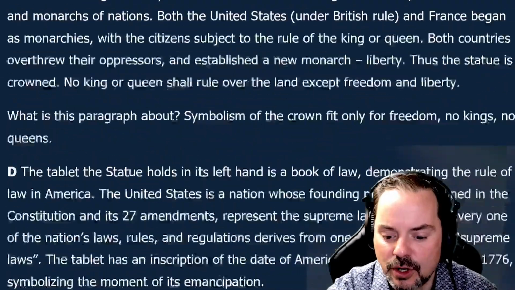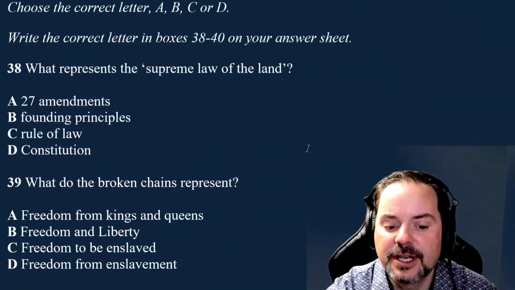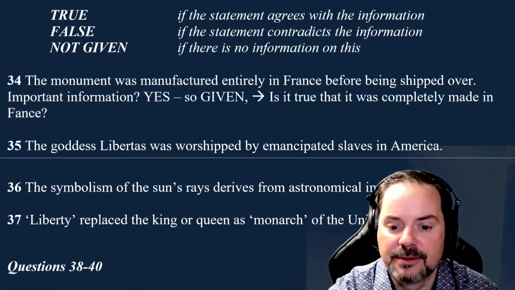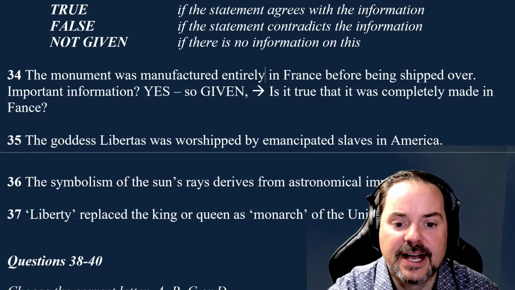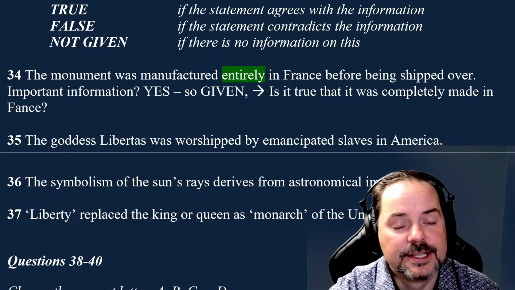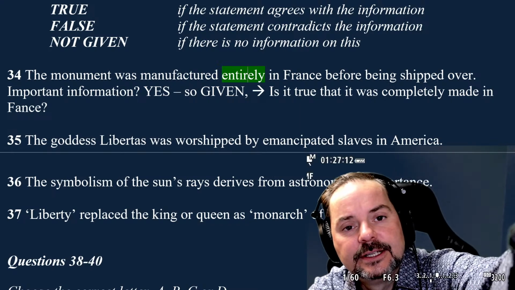Okay, so you have to be always very careful, students, when you see a word like entirely. Entirely in France. That means completely, right?